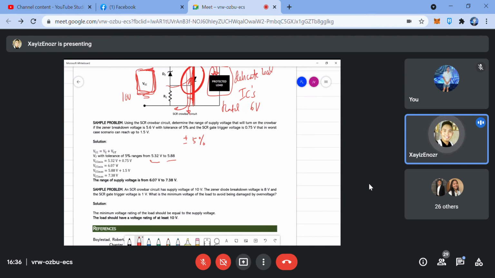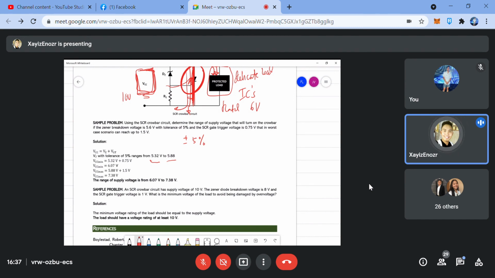Therefore, para mahanap yung range ng VCC na magta-turn on kay SCR, ito yung range kung saan mag-overvoltage na at mata-turn on ng SCR natin. The minimum is, kunin mo yung parehong minimum nila: minimum ng zener plus minimum gate trigger. That will be 5.32 and 0.75. Pag pinag-add mo yan, 6.07.